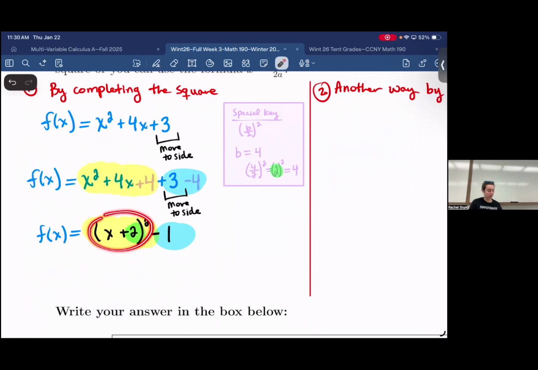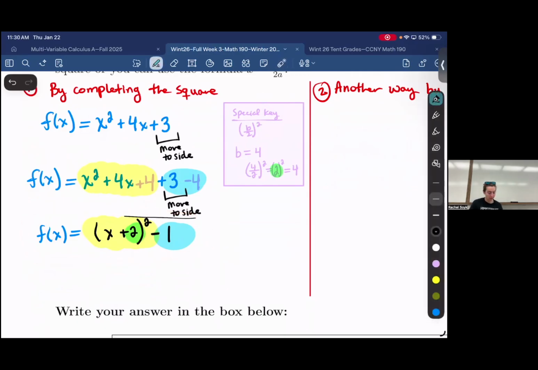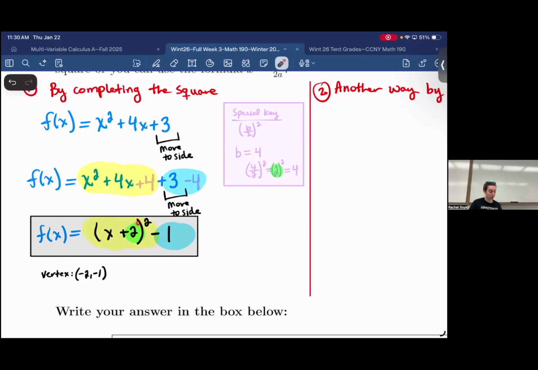This has completed the square. And this is really cool because now this is in our standard form, even though I like to call it vertex form, because we can easily identify that our vertex is just -2, comma, -1. And you can tell we have a horizontal shift 2 units to the left and a vertical shift down 1 unit.